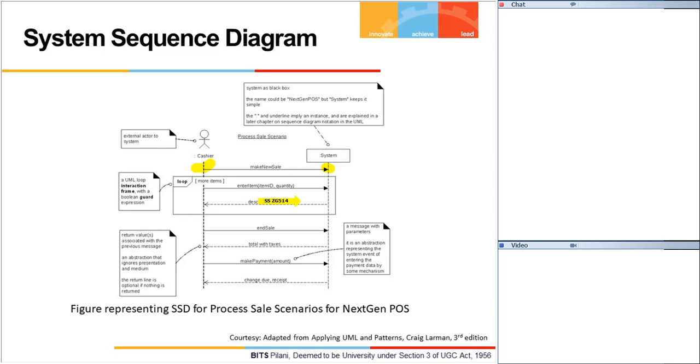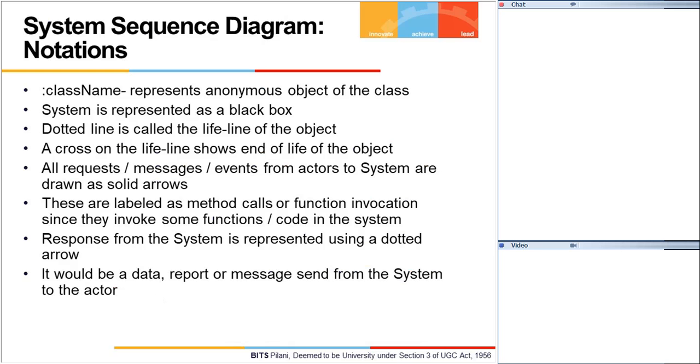This is the kind of diagram we are trying to draw. Let us see the notations ahead, and then we will understand this diagram as well as draw a few system sequence diagrams. So let us see the notations for the system sequence diagram.